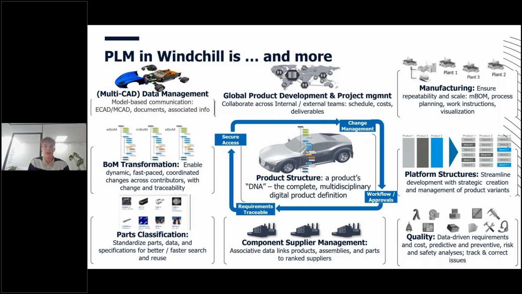You have global product development and project management. This is the collaboration with geographically diversified teams. You can work together on the same project and potentially use project management functionality, in which you can define project teams, tasks, milestones, and so on.